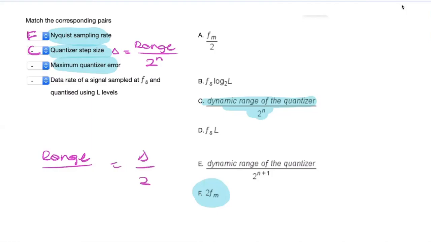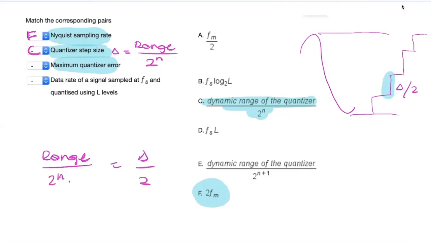Okay, so if you have a range of that much and you have a number of steps, then your quantizer error is half of that. So it's the step size divided by 2. So it's range divided by 2 to the power n times 2. So it's half the quantizer step size. So E.